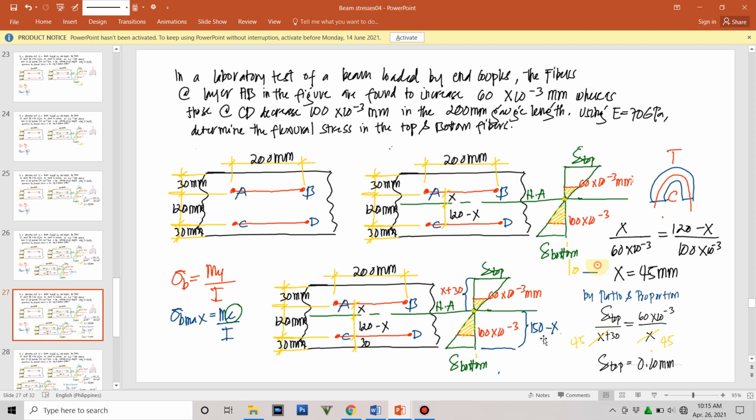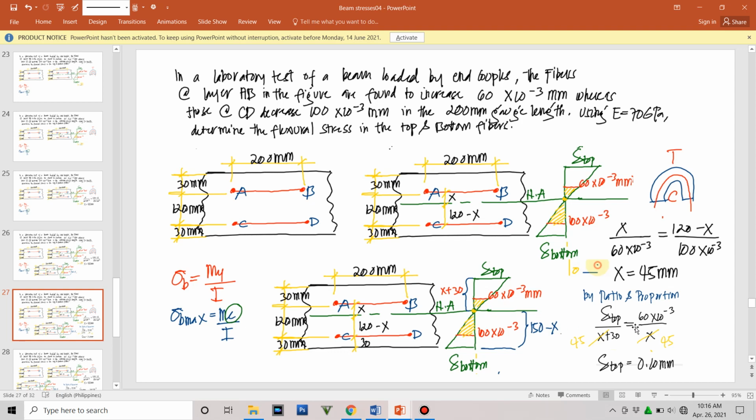So by this, we can now determine the delta top by ratio and proportion. So delta top is to x plus 30. Okay, so the overall width and the overall height of the upper triangle. So we proportion it to the smaller triangle as a portion of this upper triangle.